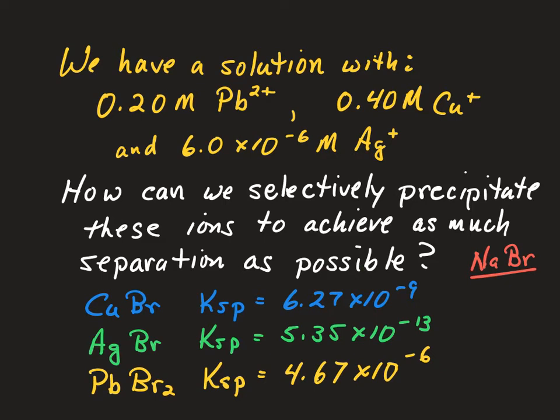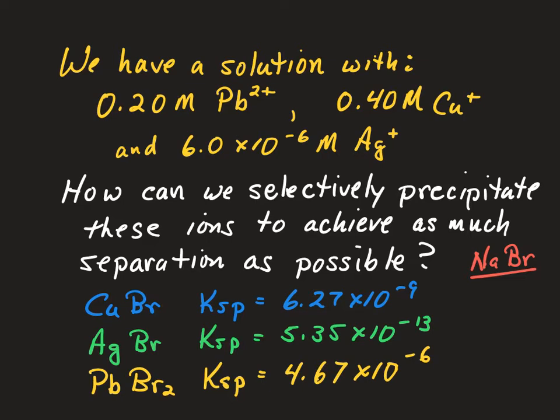And so we think about one of the ways we can precipitate them. We need to think about some ion that would precipitate one or all of them. I came up with the bromide ion, so we could use sodium bromide to add bromide ion, because each of those ions makes a bromide compound that we consider to be insoluble.